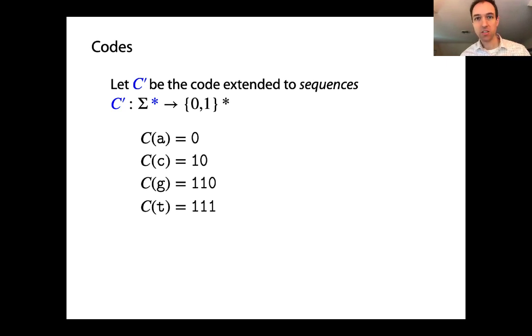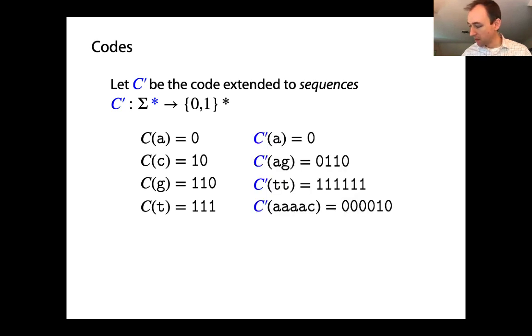Okay, and so if you give me a function C, it may or may not be the case that C is injective, but it may or may not be the case that C prime is injective. So as an example, if this is our C, the first proposal I showed before, then some examples of applying C prime would be, well, we can apply C prime to a single character, that's fine. And in this case, we'd get out 0.